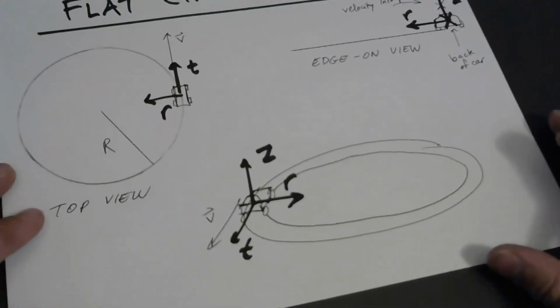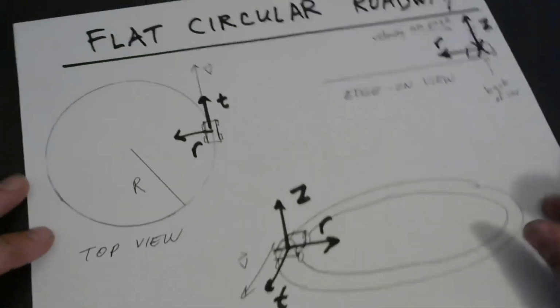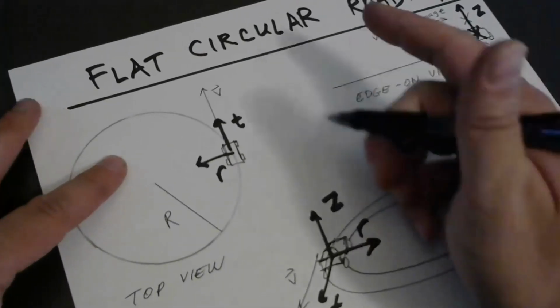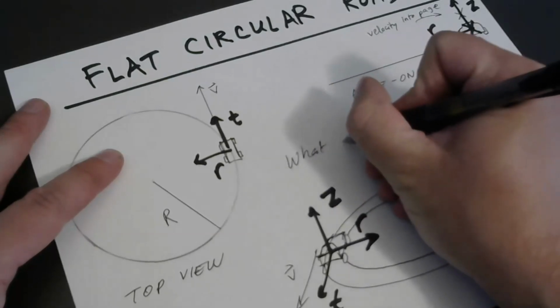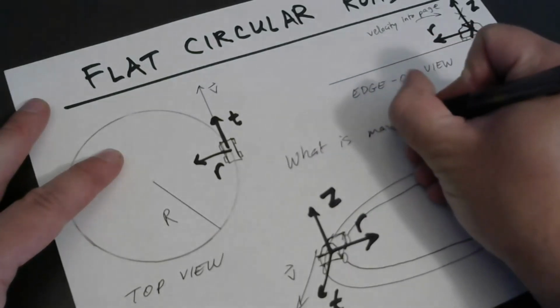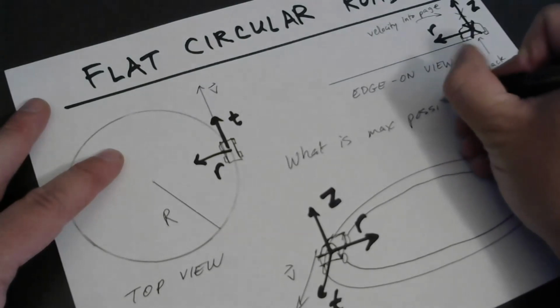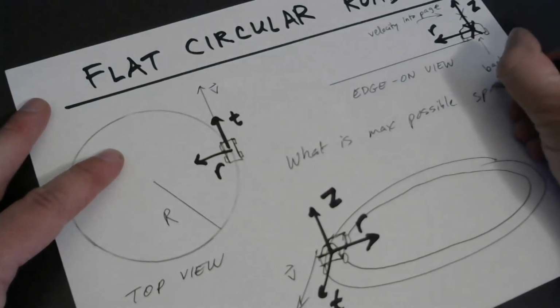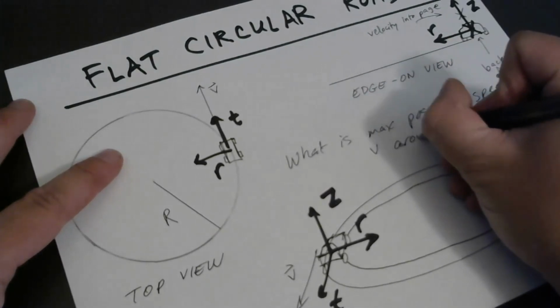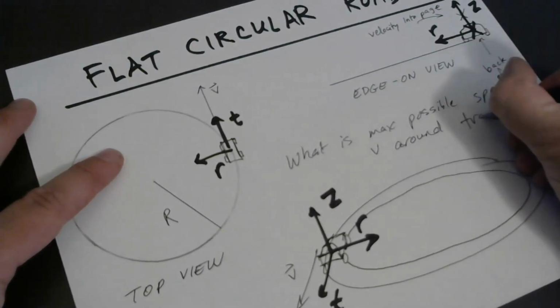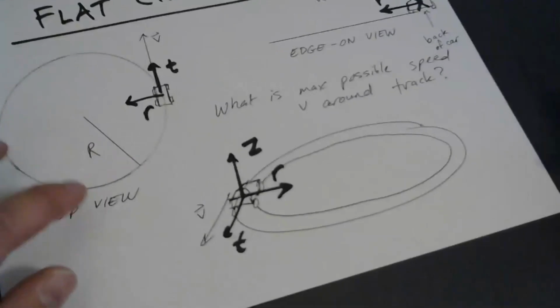All right, the question that we're usually trying to answer when we look at this problem is, what is the max possible speed V tangential, we'll just call it V, around the track or around the circular roadway?